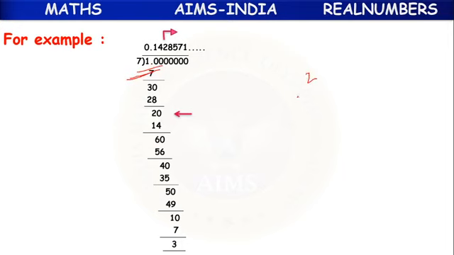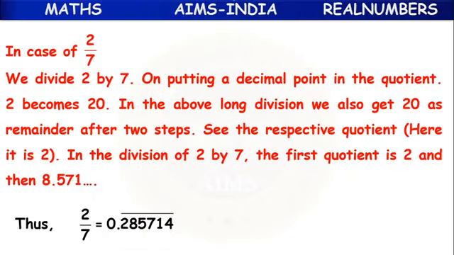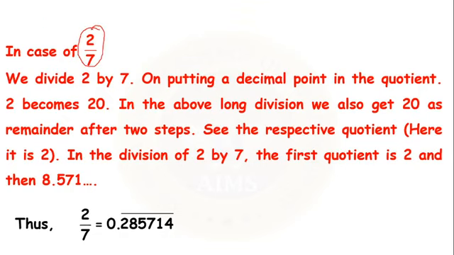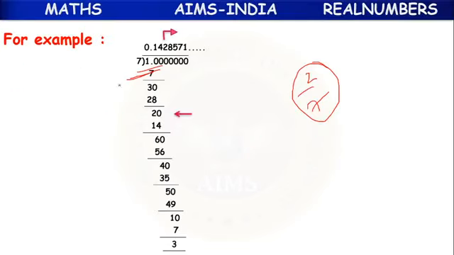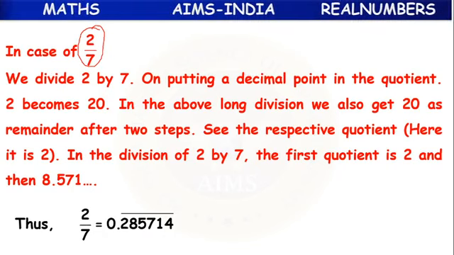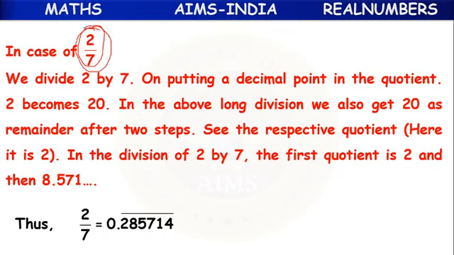Now we want to find the expansion of 2 by 7. Previously, we have divided 1 with 7. Now we have to divide 2 by 7. So we have to see where that 2 is occurring in the division part of 1 by 7.